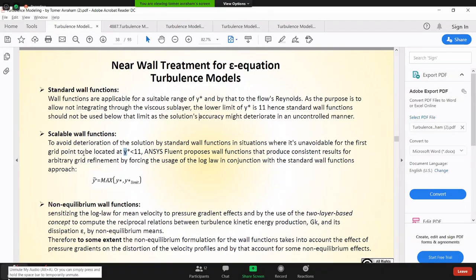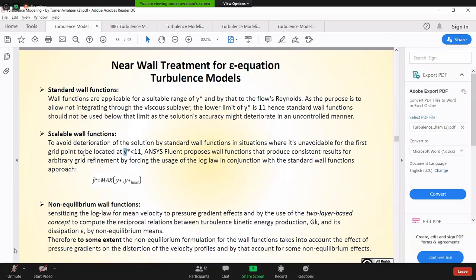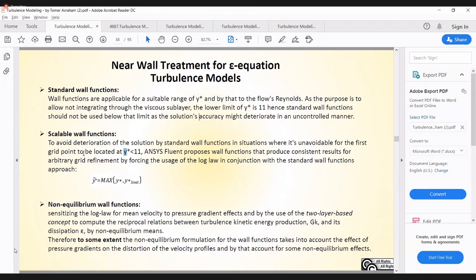So I don't know where the biggest mistake comes from, but usually you cannot control the mistake that comes from the turbulence model.